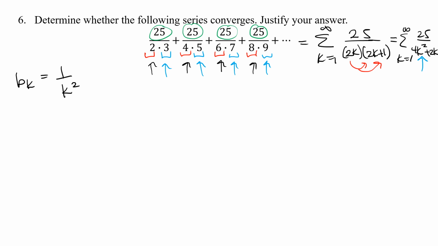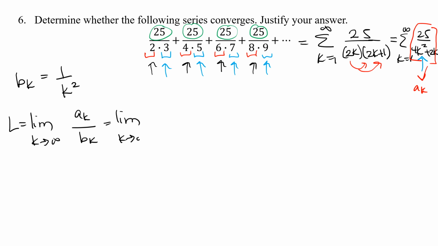So what does the limit comparison test say? Well, we say the limit as k goes to infinity of a sub k over b sub k. All right, well, what is our a sub k? Our a sub k is all of this that we have inside here, okay? So we're going to have the limit as k goes to infinity. Our a sub k again is 25 over 4k squared plus 2k.